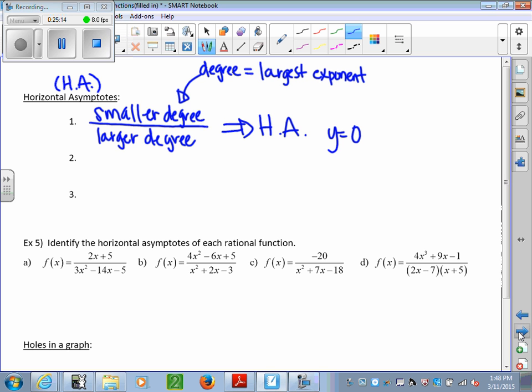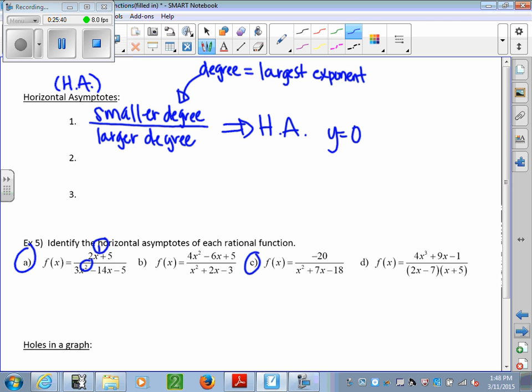So let's look at one that has that. Let's go down here to example A, and also C is another example. My degree on top is smaller than my degree on bottom. My degree on top, if I don't see it, it's a 1. Largest exponent is a 1 divided by 2. So it's smaller divided by larger.